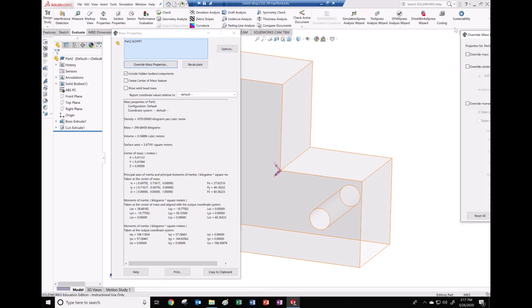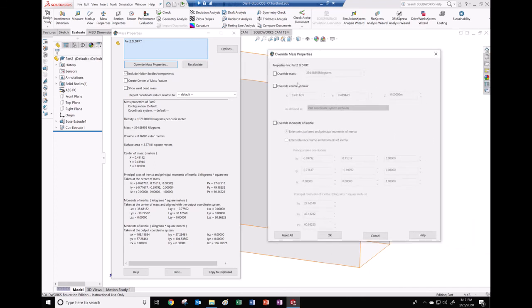Override mass properties. Yes, that's a good one. Override mass properties, and I will make the mass the same thing. I could even override the mass. So my mass, according to what I calculated, the total mass was 362.7.